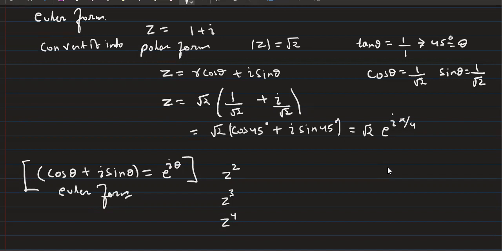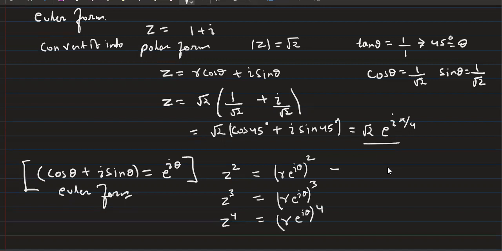But suppose you convert it into Euler form. Then z square is nothing but r e to the power i theta, a whole square. Z cube will be r e to the power i theta, a whole cube. And z power 4 is r e to the power i theta to the power 4.